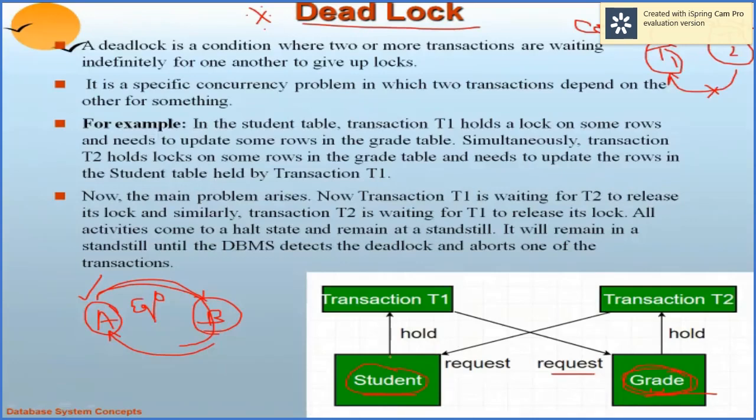Don't you think it is happening in a cyclic manner? If I want transaction T1 to complete, T2 has to release grade, or if transaction T2 is to be completed, the student data item has to be released by transaction T1, where both of them are not releasing their locks on the respective data item. So this leads to a deadlock condition.